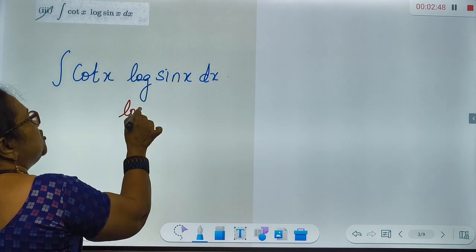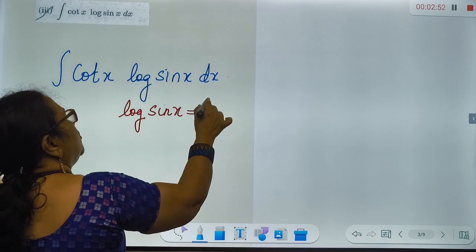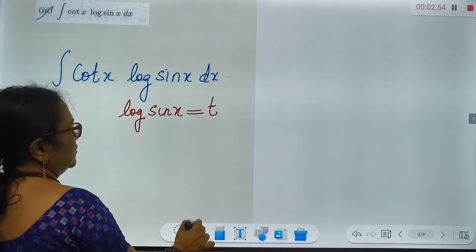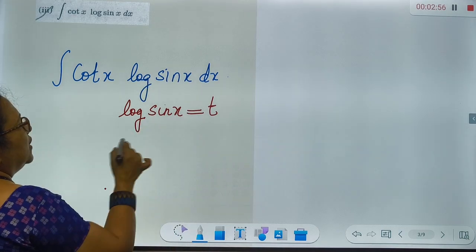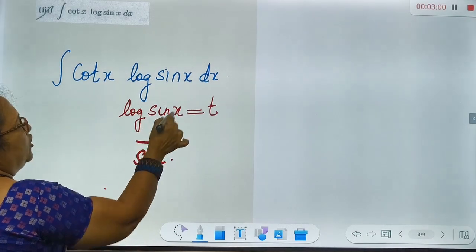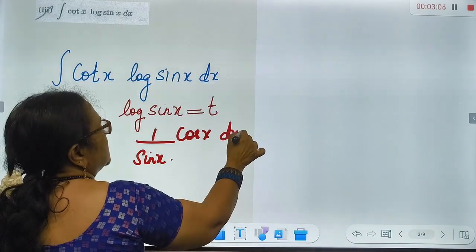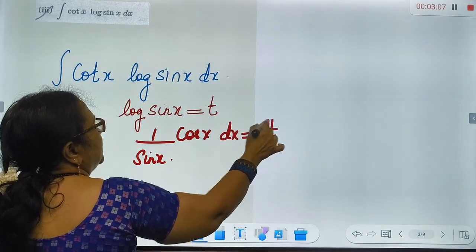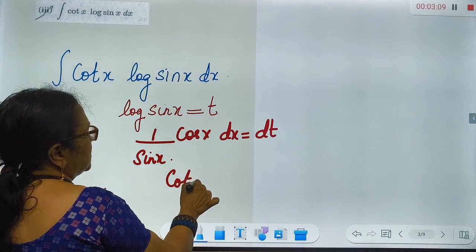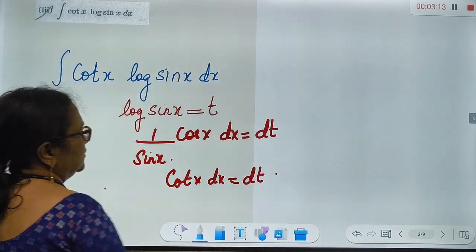So I am going to substitute log sin x equal to t. Then 1 by sin x into derivative of sin x, which is cos x dx becomes dt. So cot x dx equal to dt.